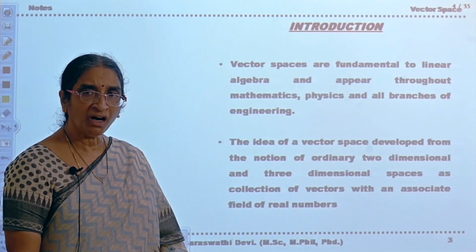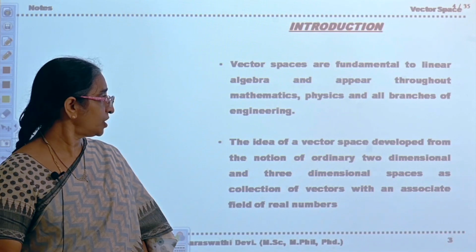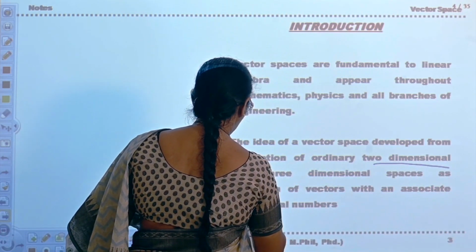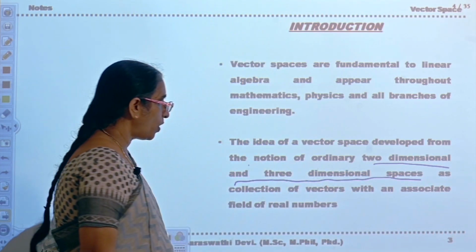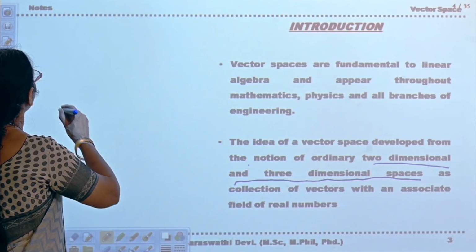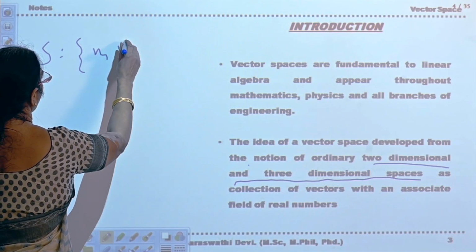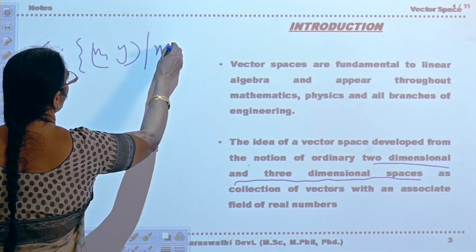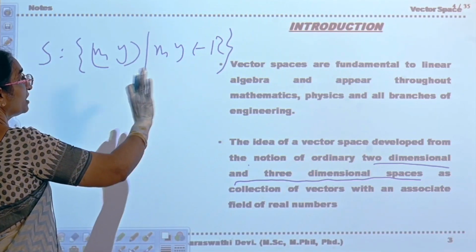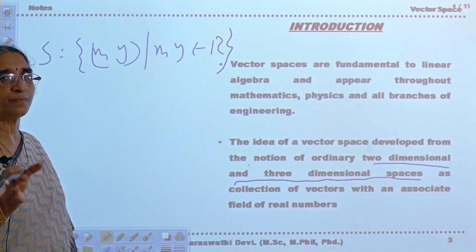How is the notion of vector space developed? It is developed from two-dimensional and three-dimensional spaces. Suppose you take S equal to the set of all (x, y) where x, y belong to R; then it is the set of all two-dimensional vectors, or the set of all ordered pairs.